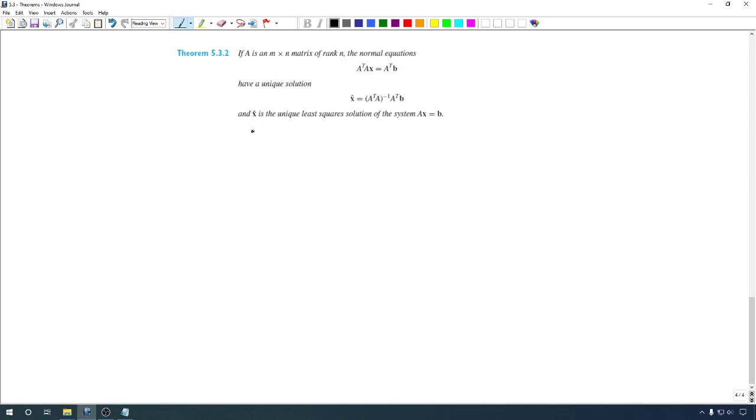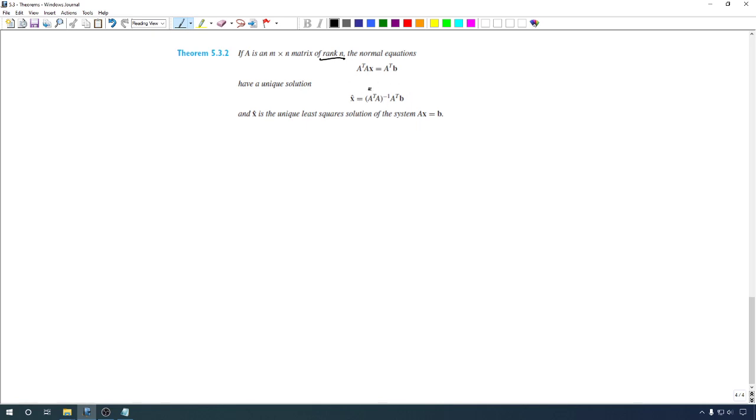So how can we tell whether or not the normal equations actually do have a solution? Well, this theorem here gives us our answer. Theorem 5.3.2 says that if we have an n by n matrix of rank n, this is our key point here, then the normal equations that we wrote before have a unique solution.